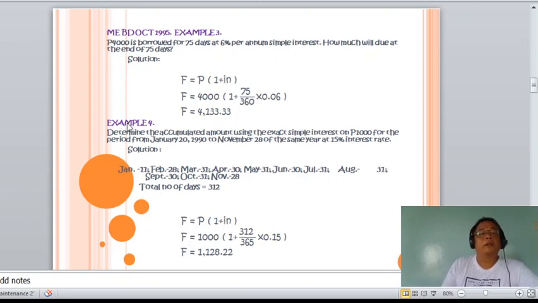Okay. So, January is composed of 31 days. The loan starts at January 20, so there are a remaining 11 days in January. February is 28, since 1990 is not a leap year. That is why February is only 28 days.